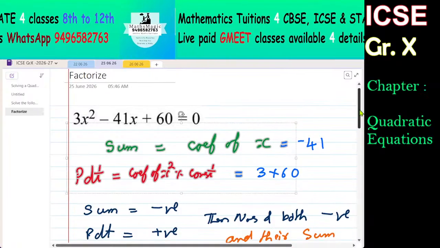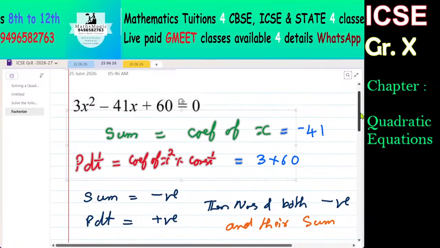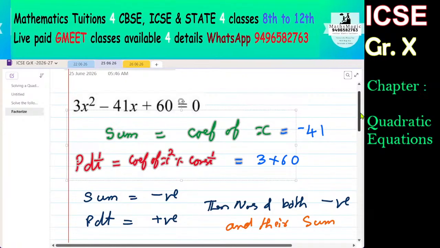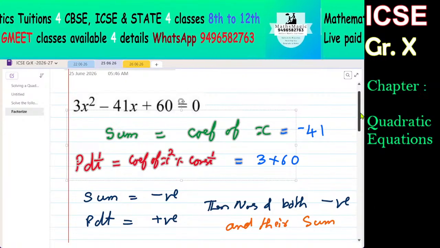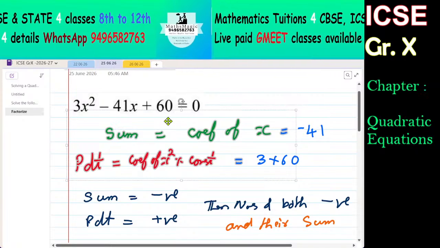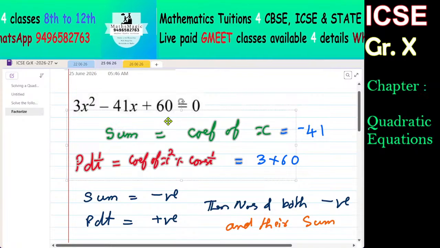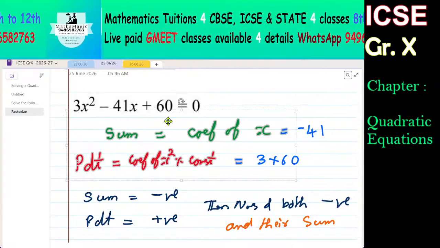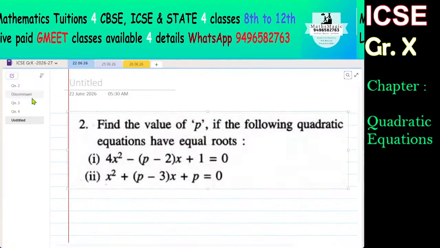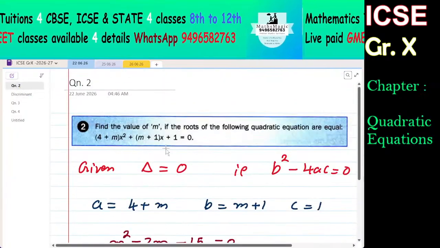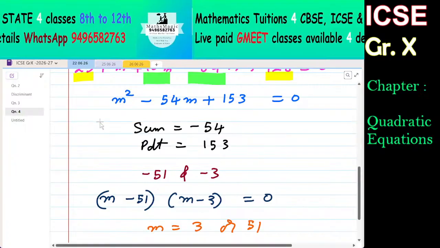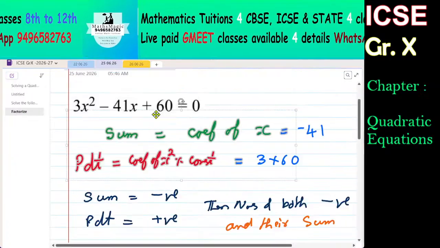And to determine the sign of those new numbers, we have to assume if sum is negative and product is positive, you have to assume two numbers which are negative. In the previous class we have just discussed how to factorize it.